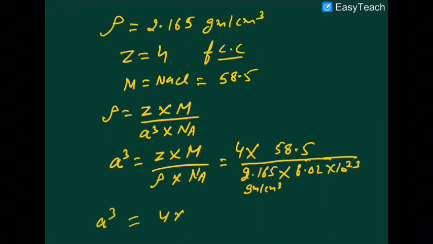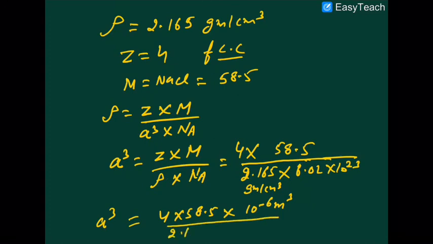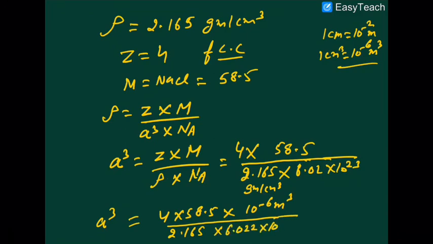So the answer will be 4 into 58.5 into the other thing, centimeter cube becomes what? 10 power minus 6 meter cube, divided by 2.165. 1 centimeter has 10 power minus 2 meters. So 1 centimeter cube will be equal to 10 power minus 6 meter cube. Okay, so that I have taken into account. So it comes out to be how much? 6.02 into 10 power 23. So that is the value of A cube.